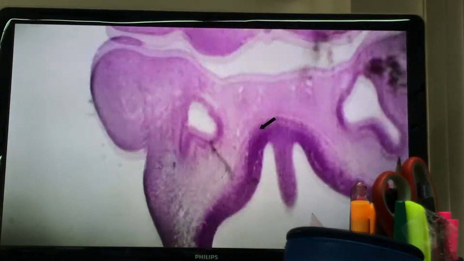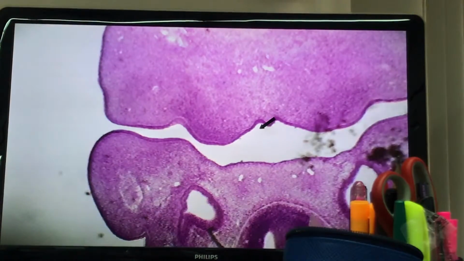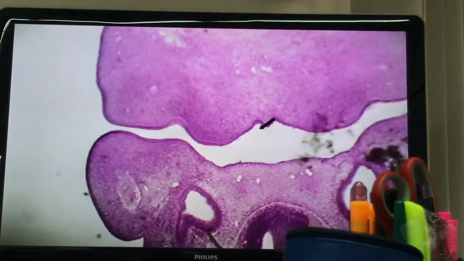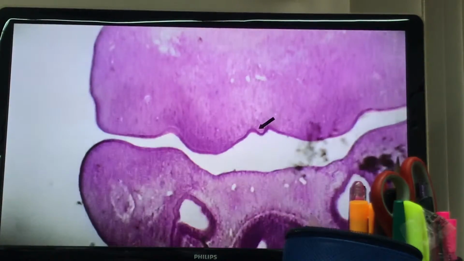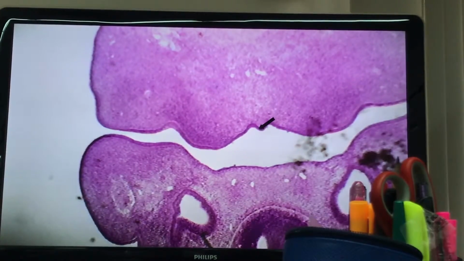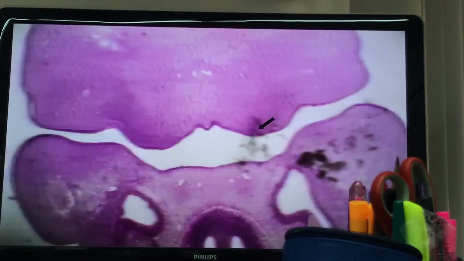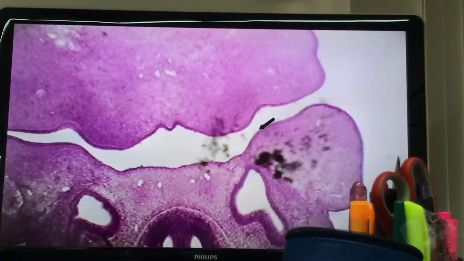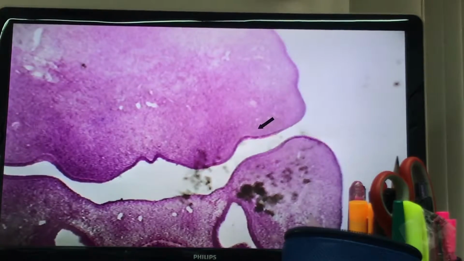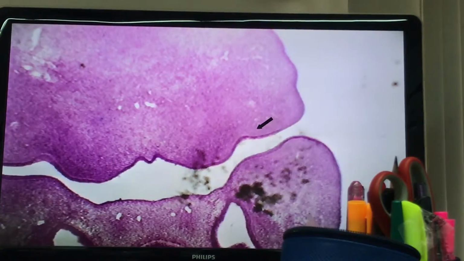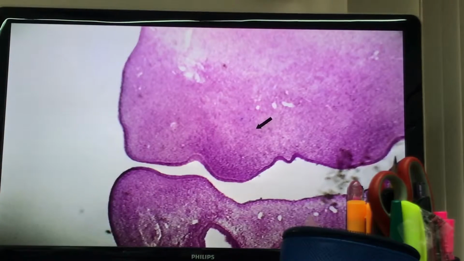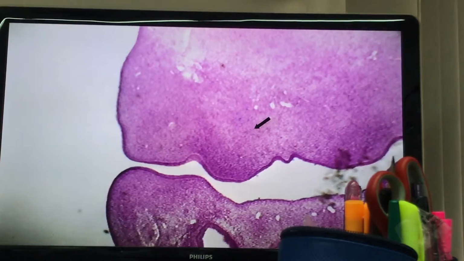Okay, this is more prominent also, that is your tuberculum impar, the middle prominence or the middle swelling of the future tongue. And this is the lateral side, or the lateral swelling. So both you will use to produce your anterior two-thirds of your tongue.